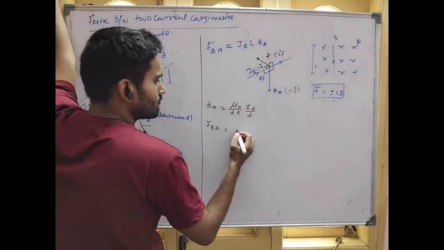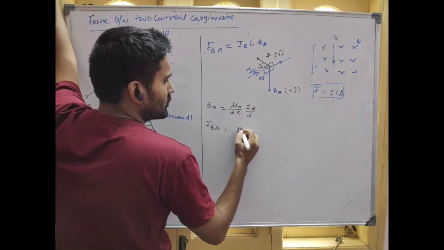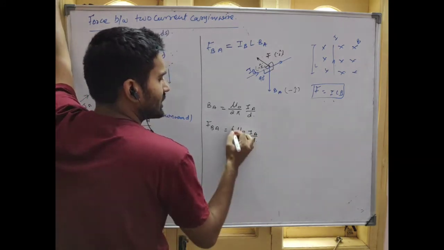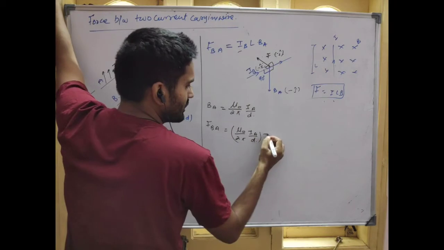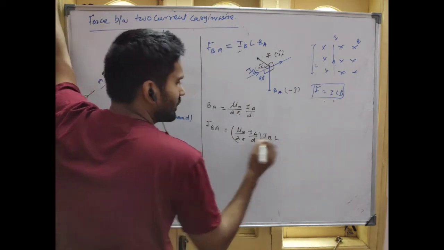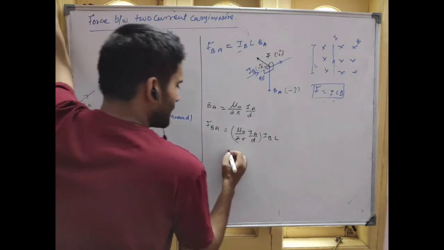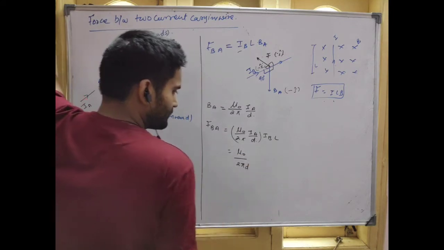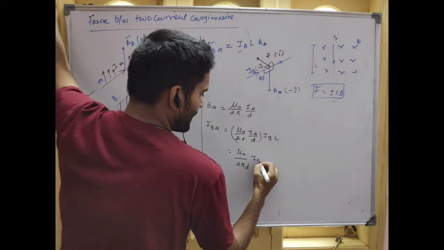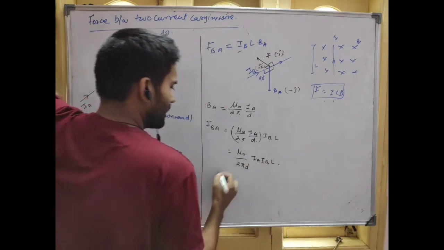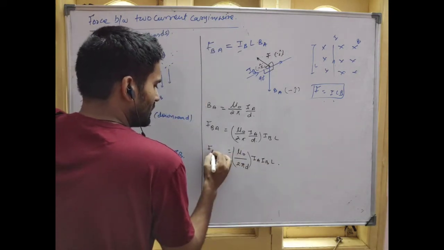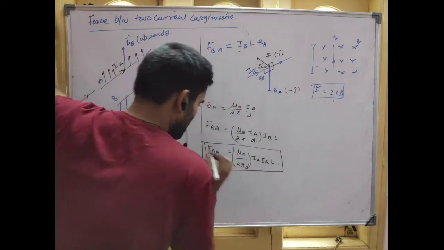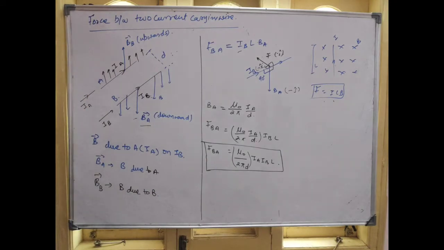Tell me FBA. So mu naught by 2 pi IA by D. This is the magnetic field, right? And IB into L. So it will be mu naught by 2 pi D, IA IB into L. So this will be the force. Is the point clear, guys? Tell me.